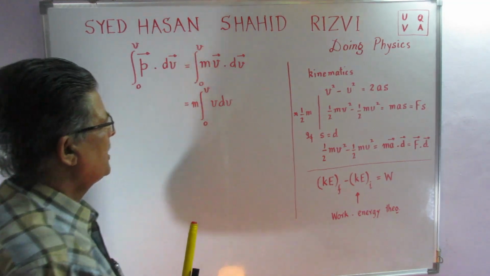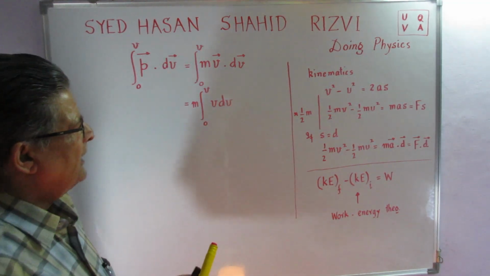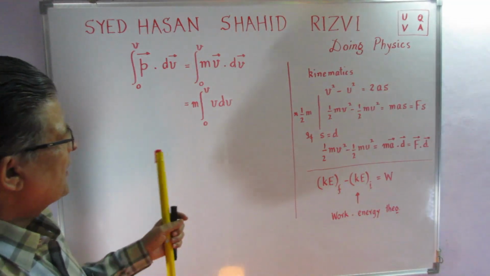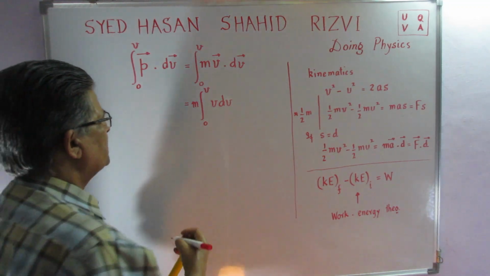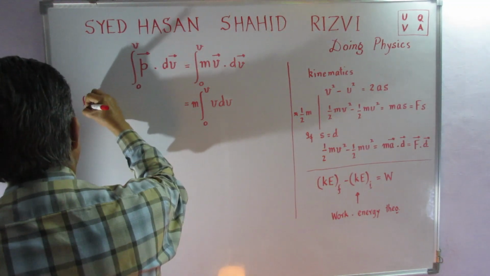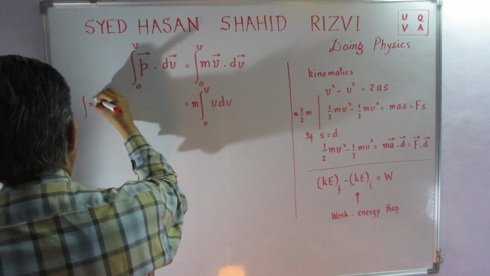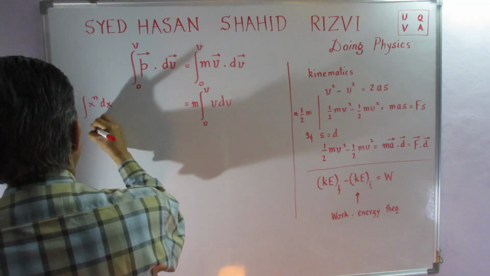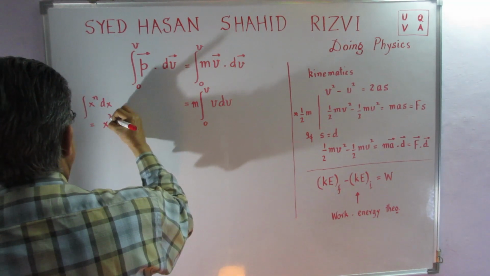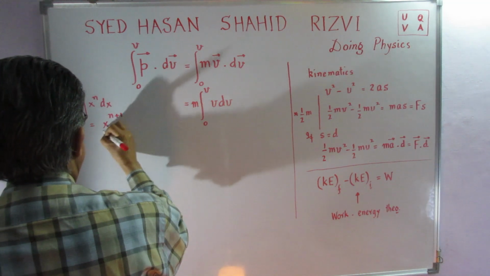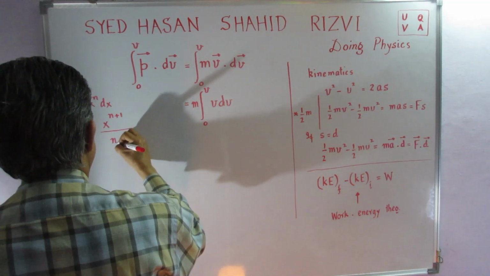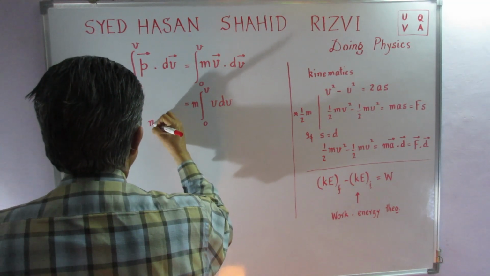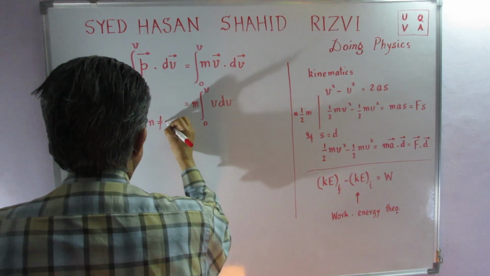Because of the dot product over here, I get a scalar, and from the formula that we shared before, the integral of x to the power of n dx is equal to how much? X to the power of n plus 1 divided by n plus 1, provided that n is not equal to minus 1.